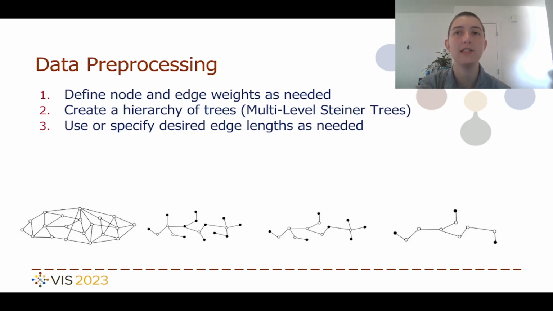This hierarchy is needed in the final map visualization for semantic zooming, while the layout algorithm computes positions for every node in the graph, the deepest tree. Desired edge lengths are also required. These can be given by the edge weights, if only the layout algorithm is used, or by the level of tree that the edge first appears on, if the map-like visualization is used.